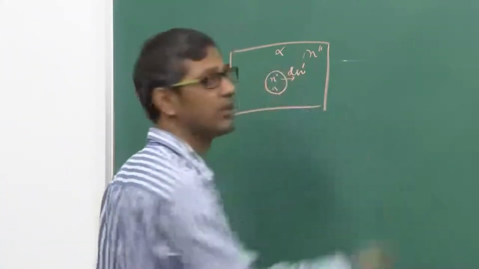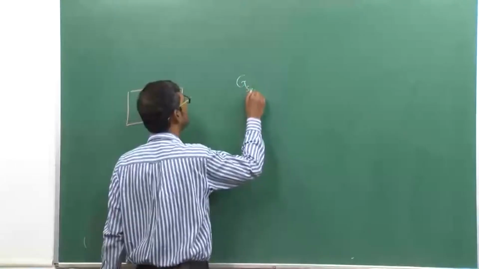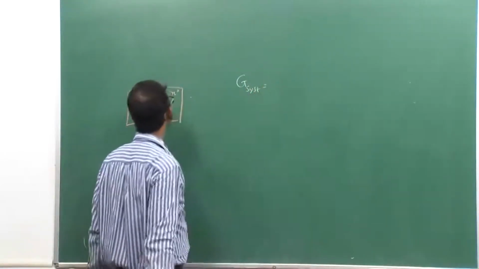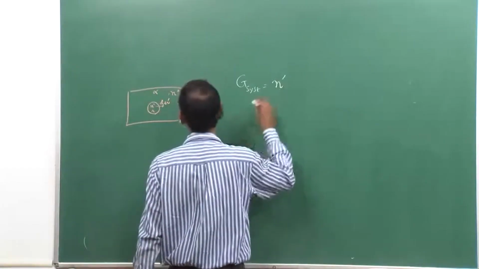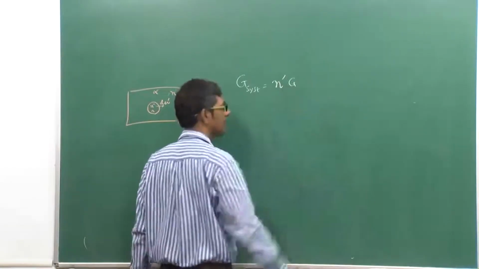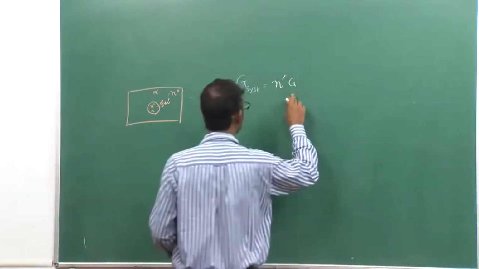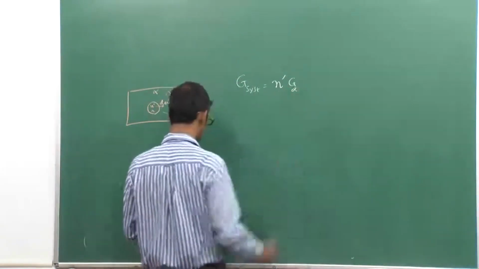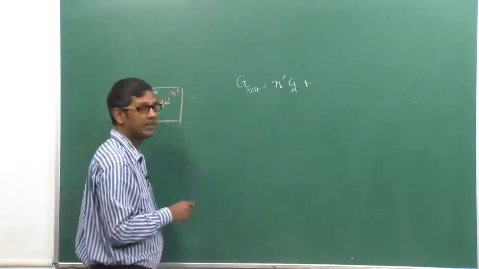Initially the total free energy of the system is the free energy G alpha of the small grain, plus the interfacial energy.